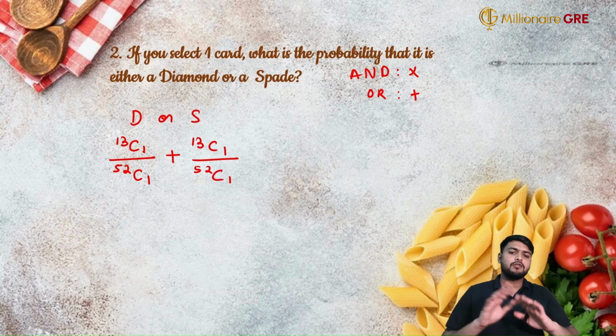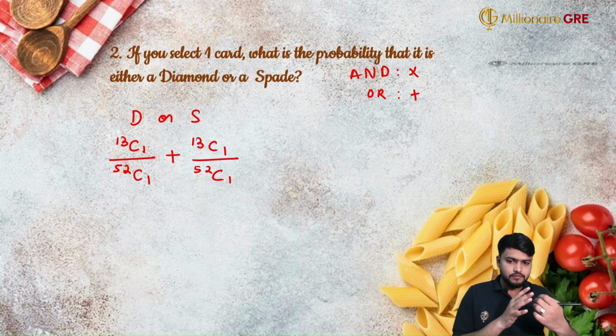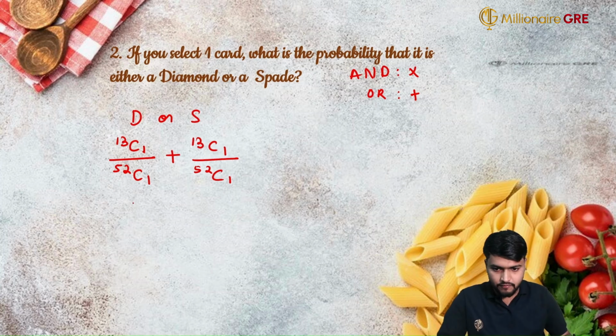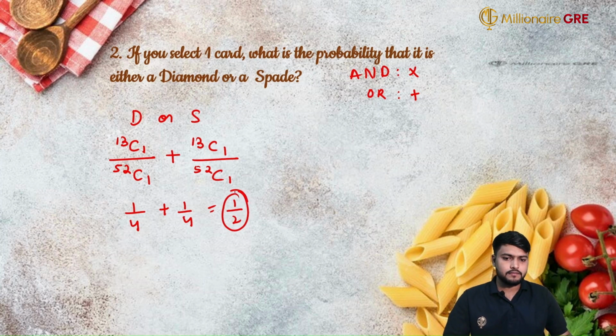So 13C1 is 13, 52C1 is 52, 13/52 is 1/4, plus 1/4. This gives us 1/2 as the answer. I hope this makes sense. We'll move ahead to the next one.